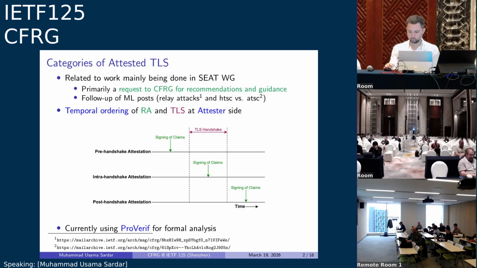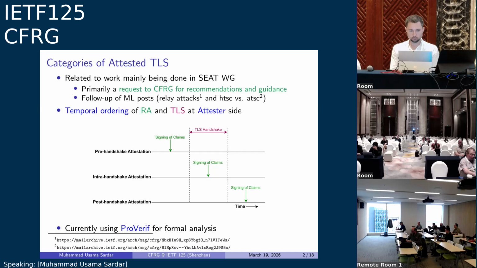And to give you a bit of context on what this is all about, remote attestation is nothing but a signature from a cryptographic perspective. And these are the three main classes of attestation, how you do the signature compared to the TLS handshake from a temporal perspective, as shown here in the diagram.